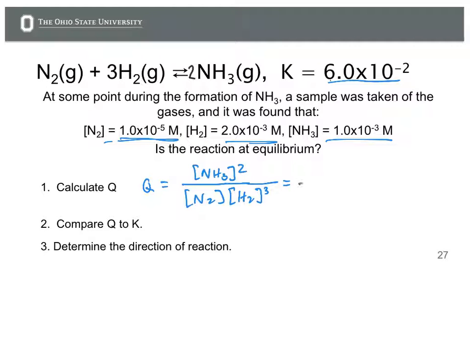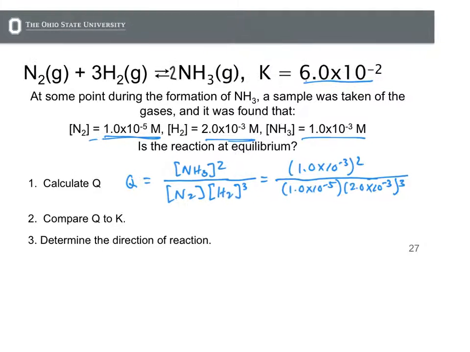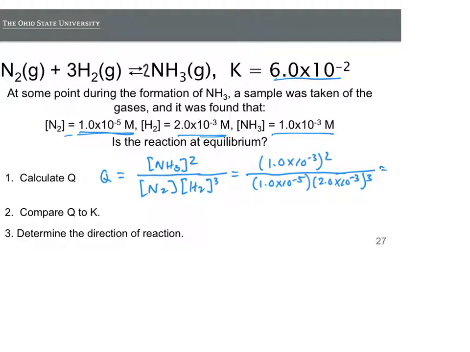And if we plug in all of the concentrations that we were given, we'll have 1 times 10 to the minus 3 squared divided by 1 times 10 to the minus 5 times 2 times 10 to the minus 3 cubed. And I end up with 1.3 times 10 to the 7th.